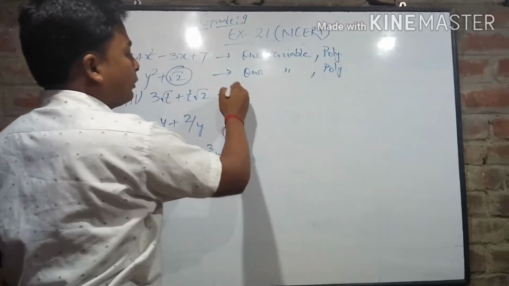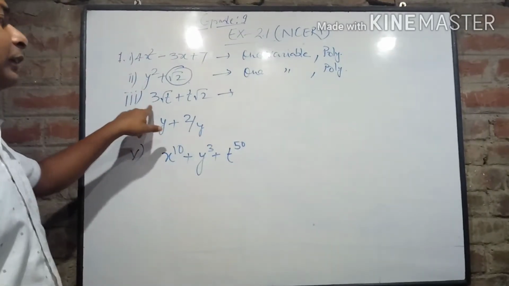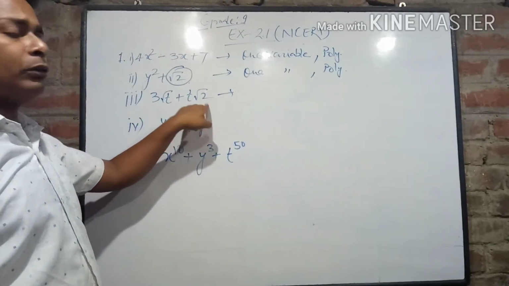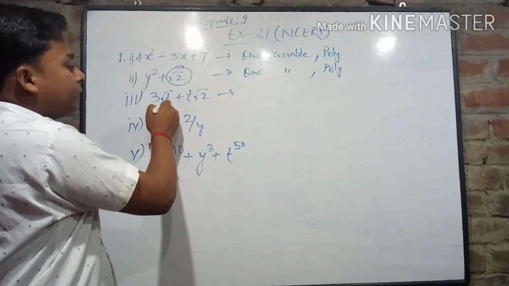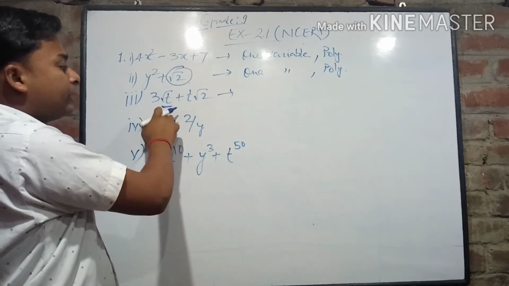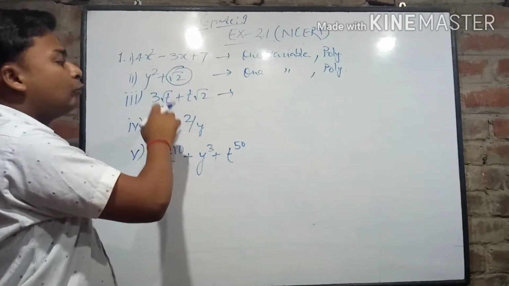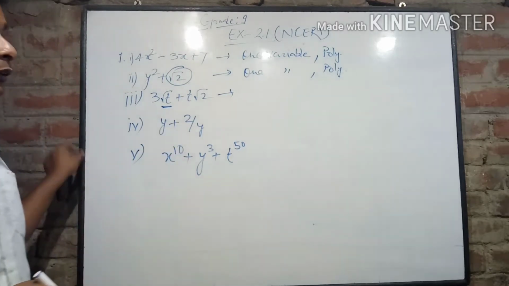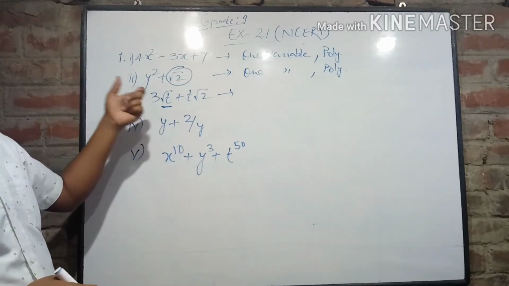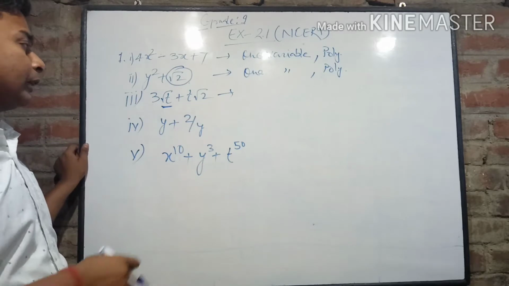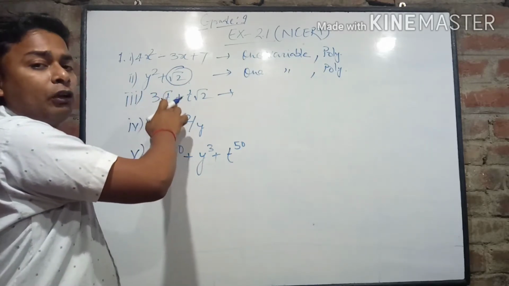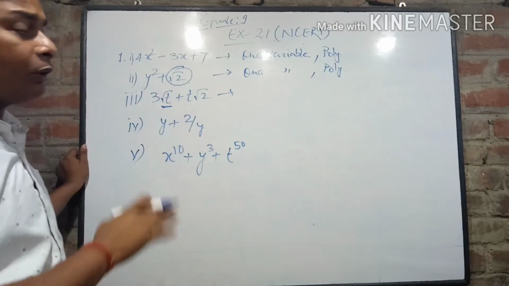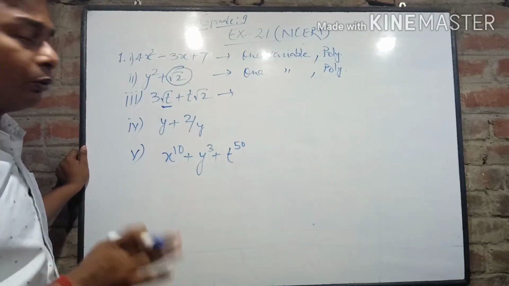Now we will switch to the third part. You can see that 3 root 2 t root 2. This is also written as t raised to the power 1 by 2. Whereas we have studied right now that for the identification of a polynomial, the exponent value of the variable should not be other than a whole number.